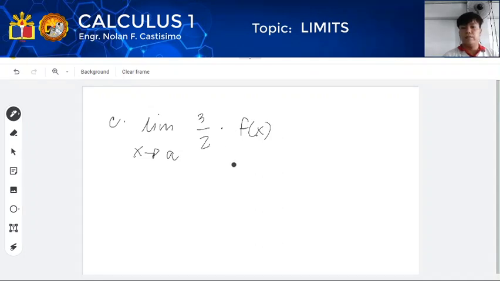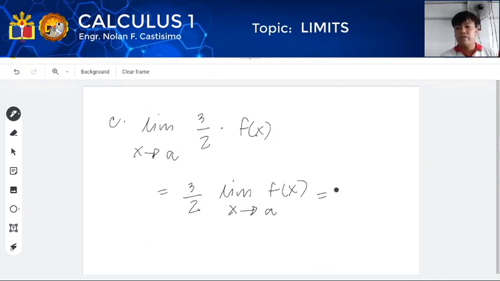So, ganun ulit. So, ilabas natin si 3 over 2 as constant. Kahit na fraction yan, constant pa rin yan. Kasi, real number pa rin siya. Next, limit of f of x as x approaches a. And we have 3 over 2 multiplied to 4.